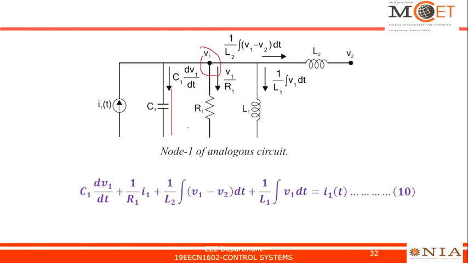See, in the node 1, you have 1, 2, 3, 4 different elements and one input current source.